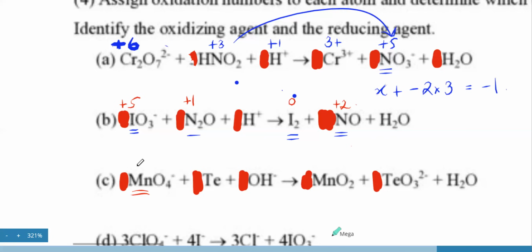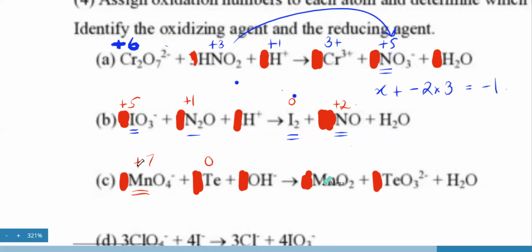Is the first one Mn, is it 7? Okay, that's plus 7. What's Te over here? I'm not sure. It's a neutral element with no charge. Okay, so 0. O is minus 2, Na is plus 1.